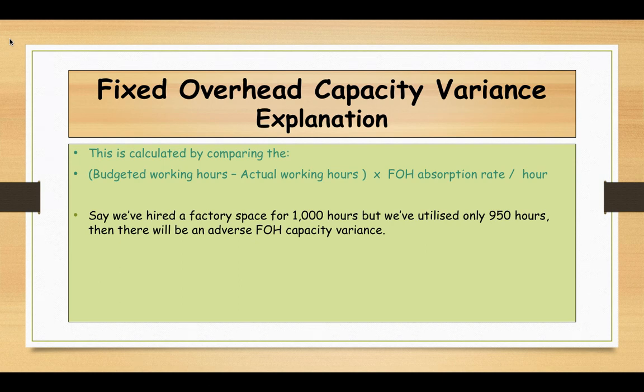We have to pay the rent for that 1,000 hours whether we use it or not, but we have only used it for 950 hours. Therefore, we have underutilized the factory space time by 50 hours. Even then, we have to pay the rent for the whole 1,000 hours. So we are losing out 50 hours' worth of rent.